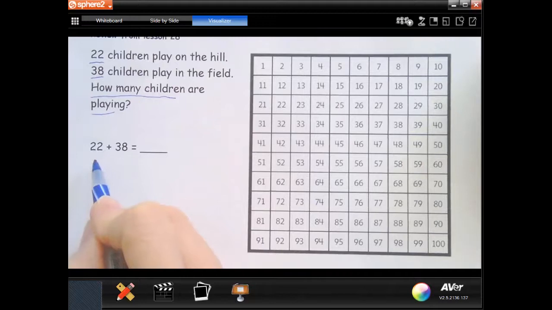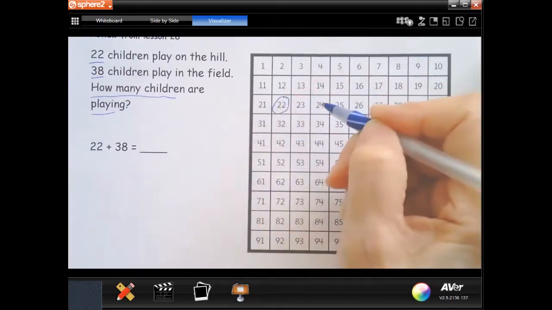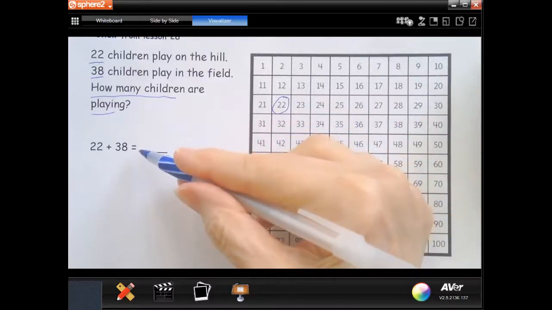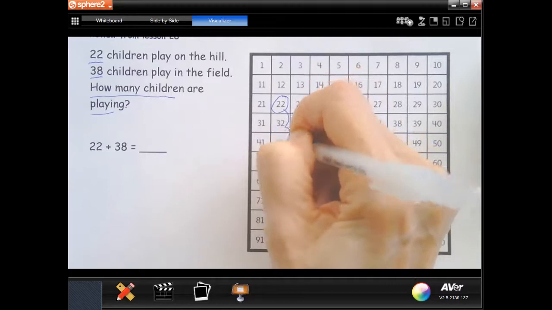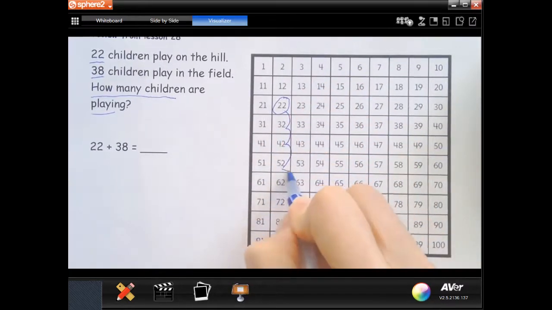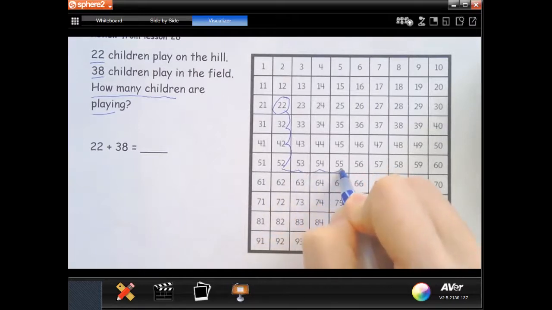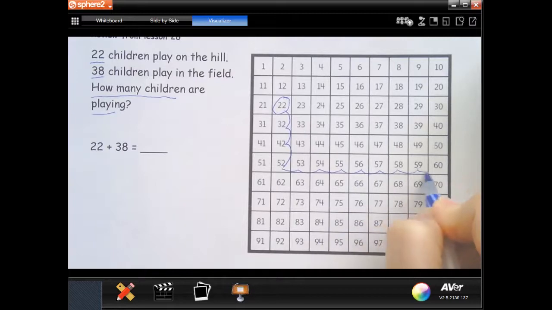So 22 is the first addend. That means I can find 22 on the hundreds chart. 38 has 3 tens and 8 ones, so I'm going to count 3 tens. 1, 2, 3. Now I need to count on 8 ones. 1, 2, 3, 4, 5, 6, 7, 8.